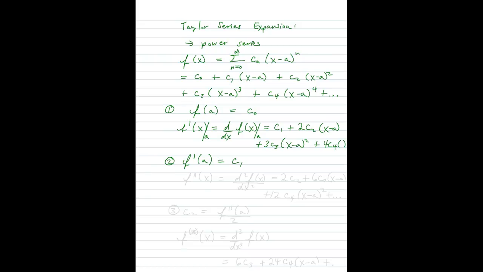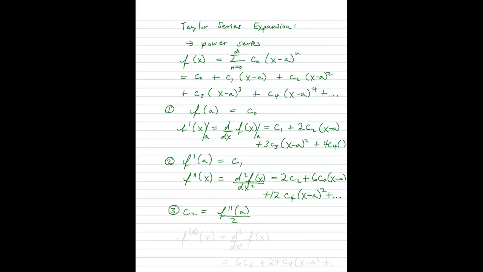So for the f double prime, plus 12 c4 times x minus a squared plus the higher order terms, and that means that c2 equals the second derivative of f evaluated at a over 2. So that's our third term there.